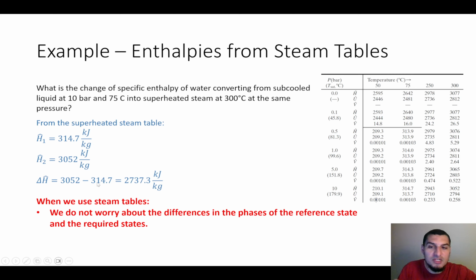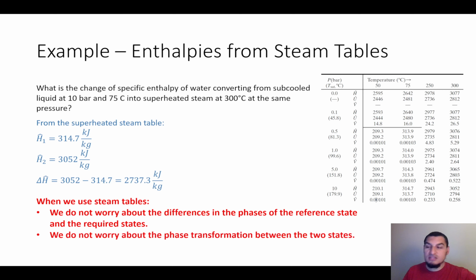You just pick the numbers, calculate H2 minus H1, and you're done. This is a very important thing that the steam table is offering for us. The difference in the phases is not a big deal. It's not something you worry about.